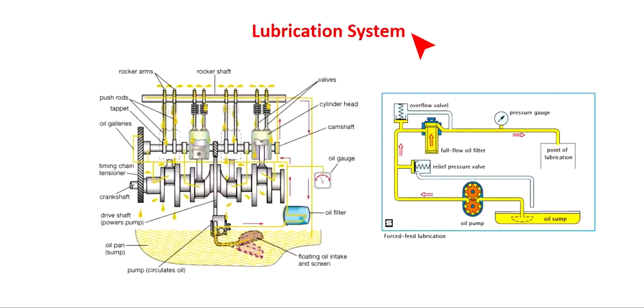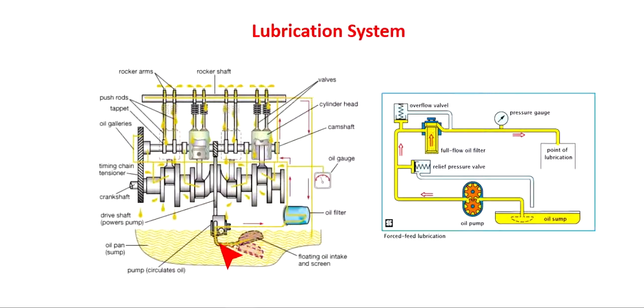Let us look at this diagram to see how exactly a lubrication system works in an engine. This figure shows the lubrication system in an internal combustion engine. This part is the oil pan where the lubricating oil is present. You can call it the oil sump. Here you have a floating oil intake, and there is a screen around it.